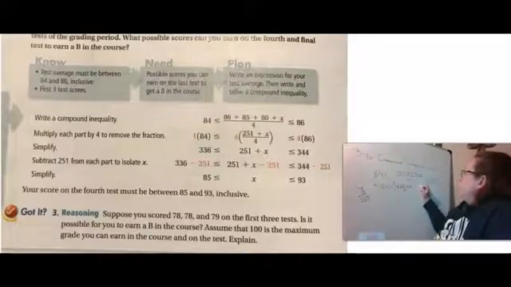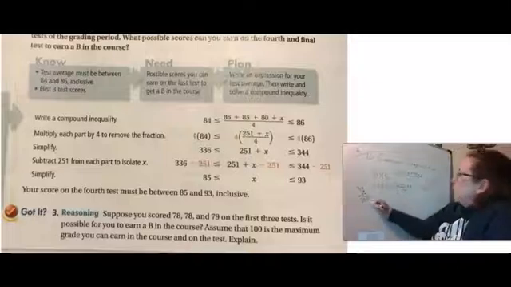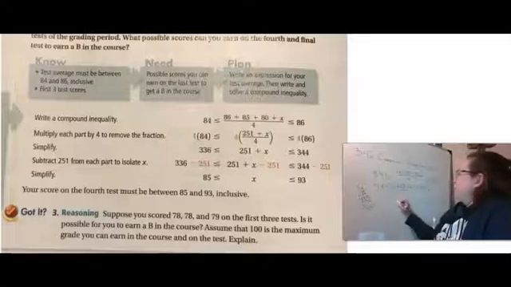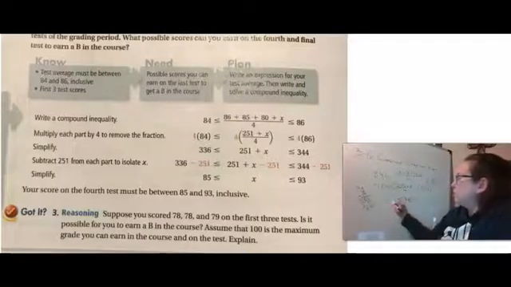We have to do that everywhere. Oops. And they had already done that multiplication for us.